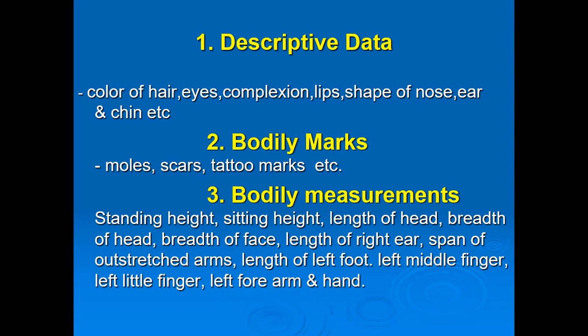Of these body measurements of a person, all of them may not be the same as another's. There will definitely be some difference in some aspect. That difference will make that person unique. So his or her unique identity can be determined by these body measurements, body marks and description of that person. So this is called anthropometry.